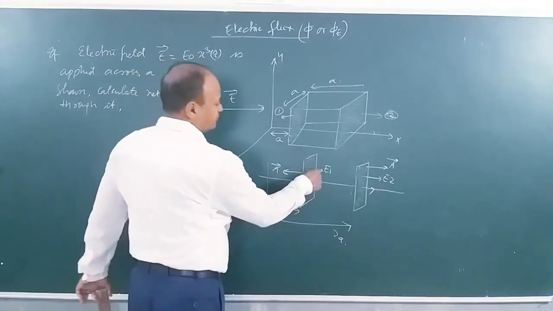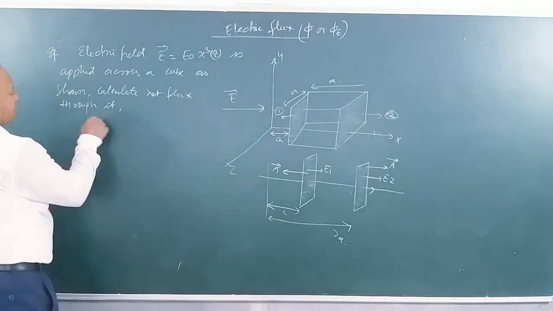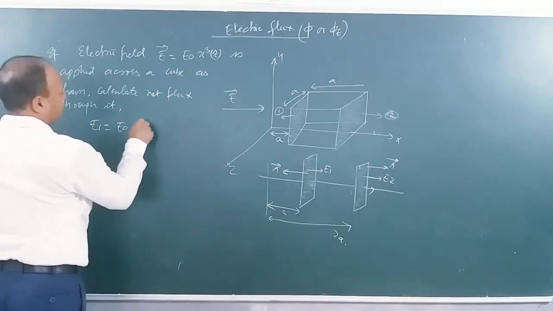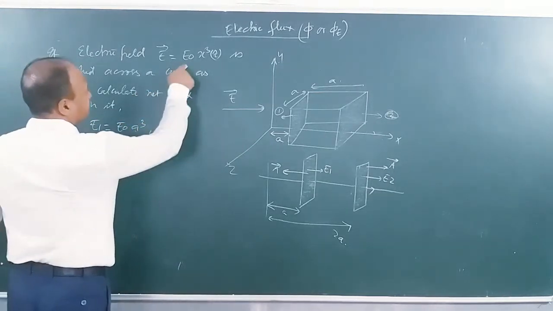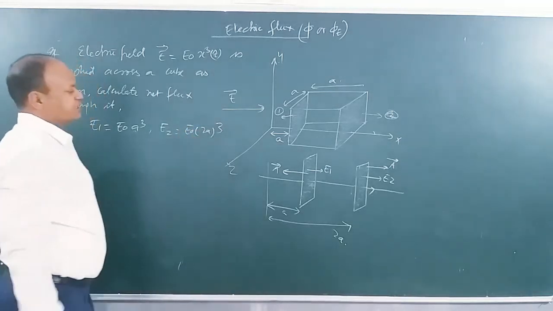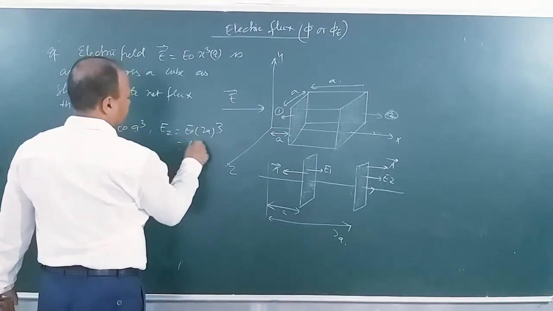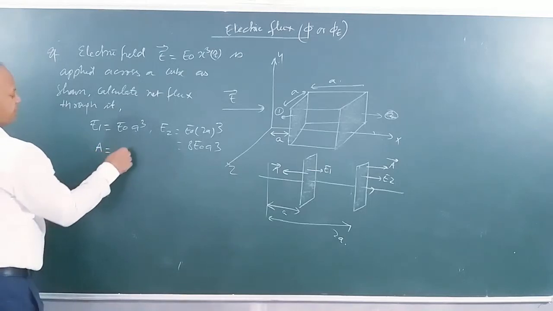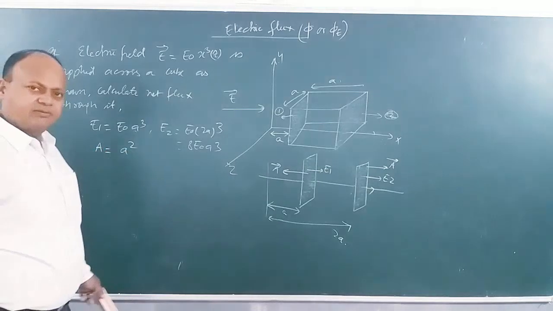You can see that the electric field is variable. E1 will be E naught A cube, and E2 will be E naught 2A cube, where x is the distance along the x axis. So you can say this will be 8 E naught A cube. And now the value of area, which is square, so A square.